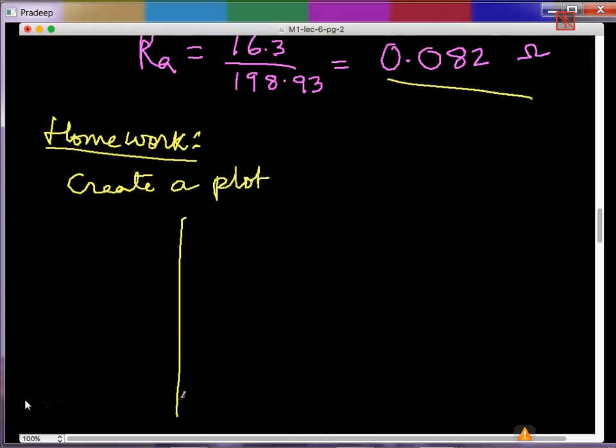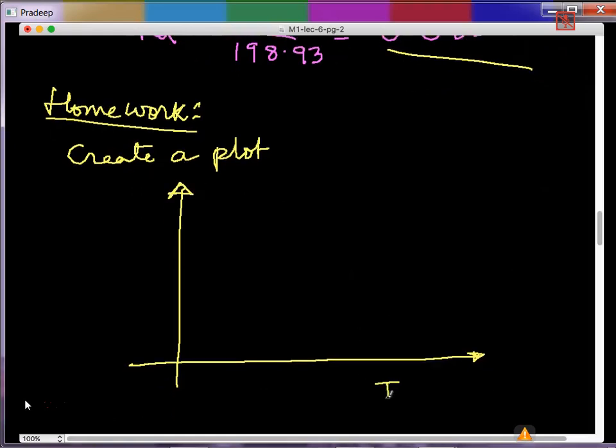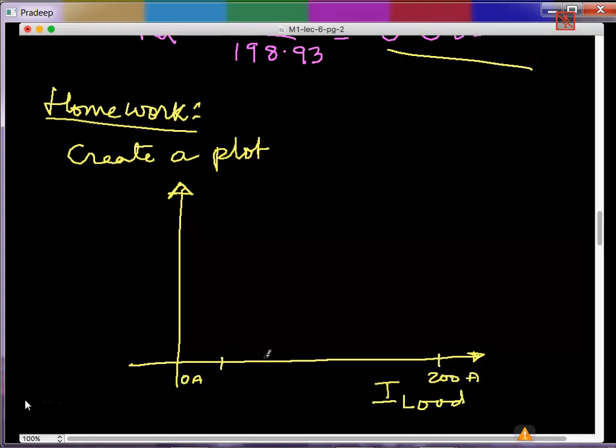On the x-axis, I want the armature or the load current, and the load current starts from 0 amperes to, let's say, 200 amperes, in steps of every 10 amperes. On the y-axis, I want to find the efficiency.